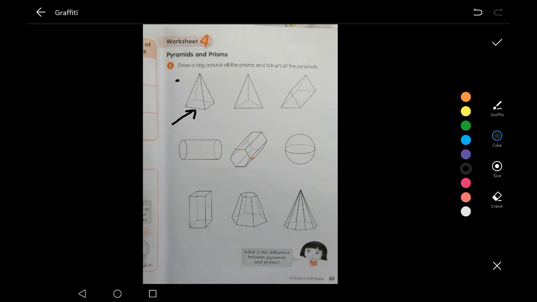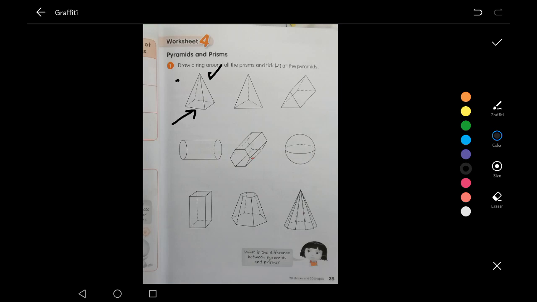They are all triangles, right? So one base and all of the other faces are triangles. We will call this shape a pyramid. So you just have to tick this shape, and we call it a square pyramid or a square based pyramid.